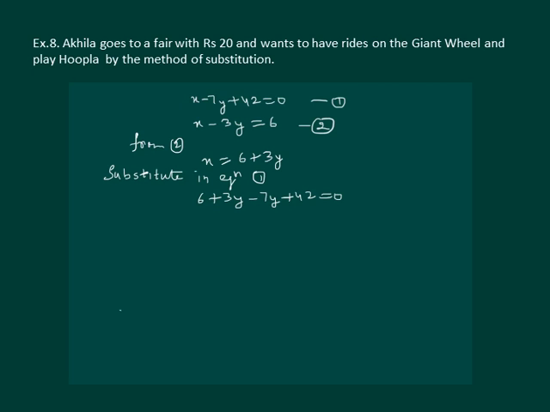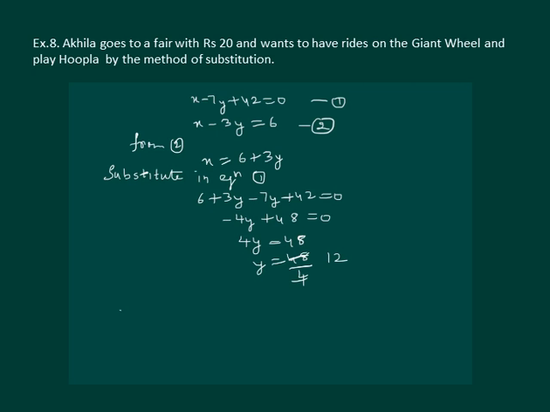On solving, we get minus 4y plus 48 equal to 0, or we can write 4y equal to 48. Solving further, we get y equal to 48 by 4, that is 12.